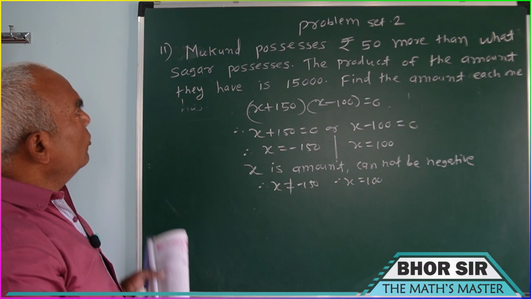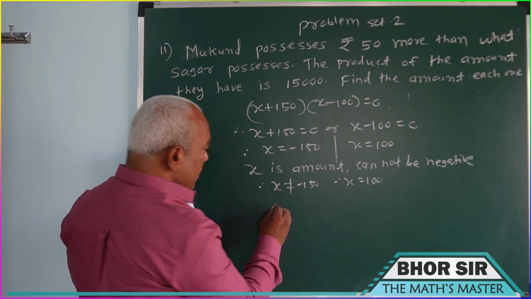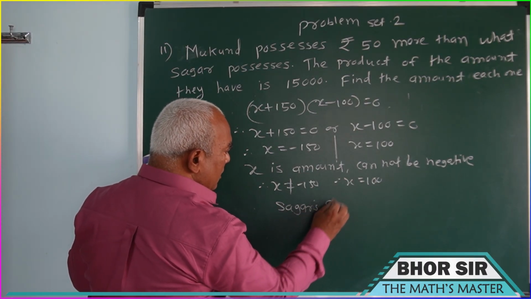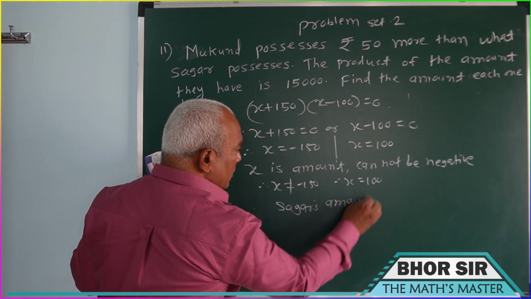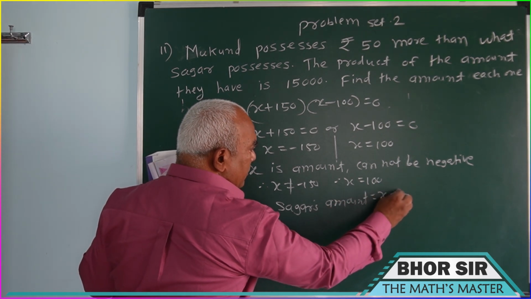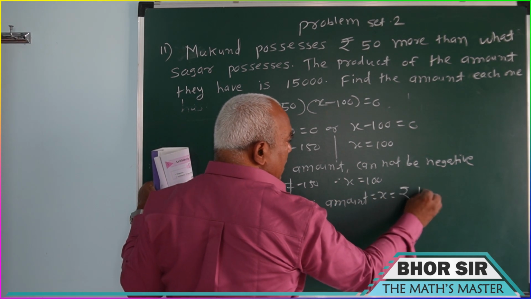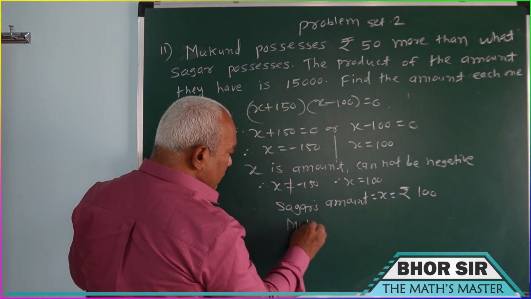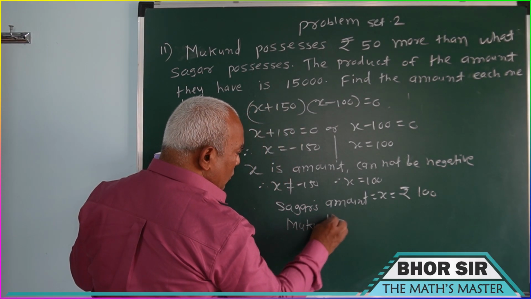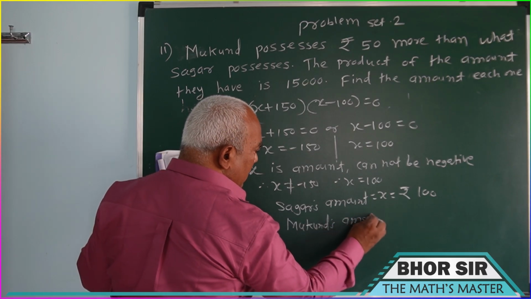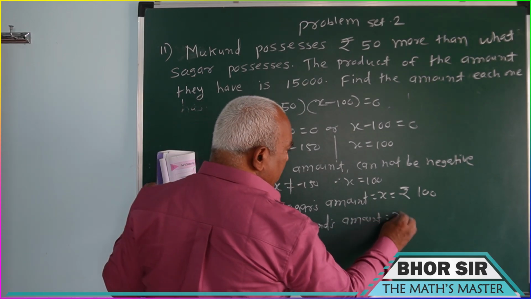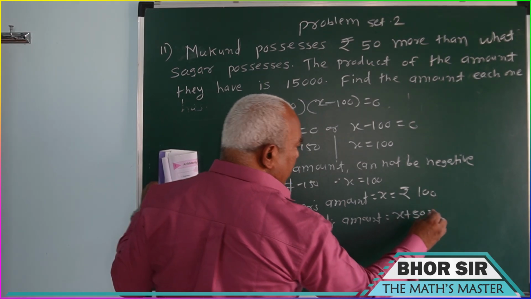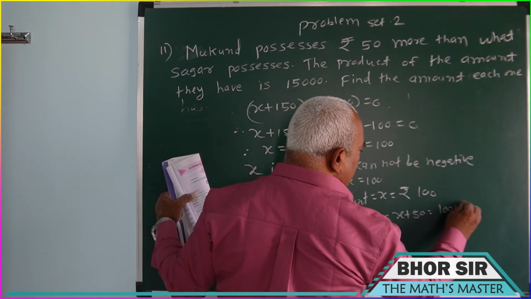Now, Mukund has rupees 50 more than Sagar's amount. Therefore, Sagar's amount equals X, which means rupees 100, and Mukund's amount equals X plus 50, rupees more, means 100 plus 50.